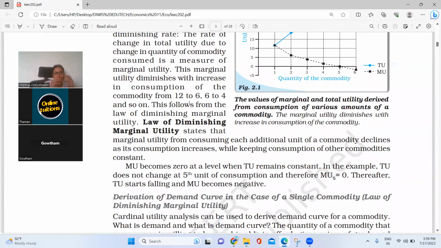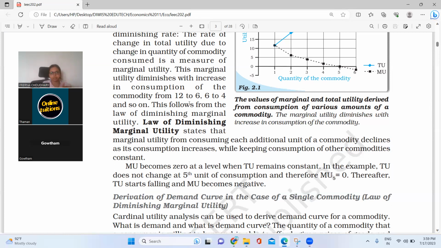But the stages which I told you are correct. TU increases, MU decreases; TU highest, MU zero; TU starts decreasing, MU becomes negative. They have just gone with the third one. They have obviously said with the zero and the constant one, but fine.